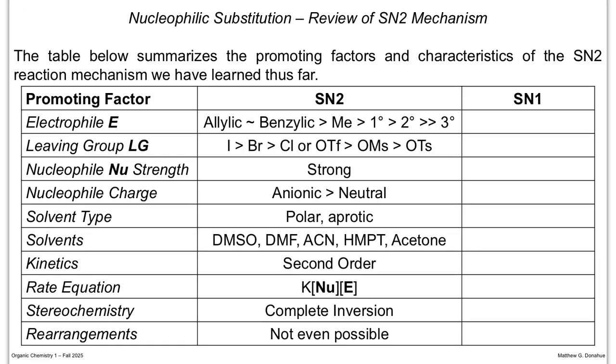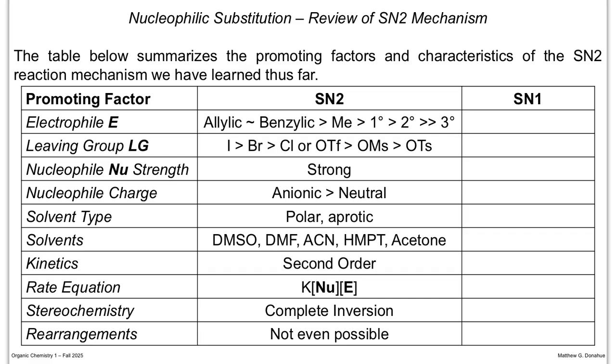So here's the table to wrap up the SN2 discussion here. So we have promoting factor. Here's our SN2 column, and then we're going to transition into SN1 and then fill that column out.